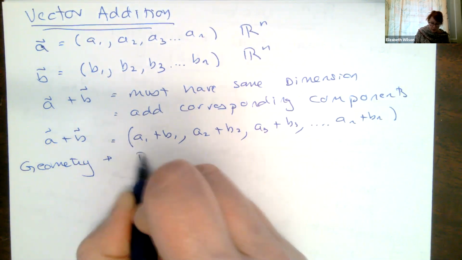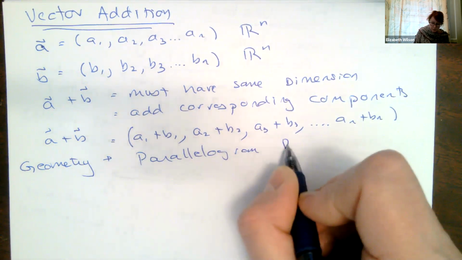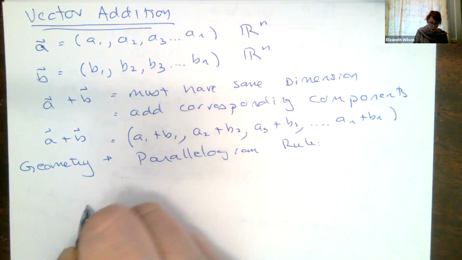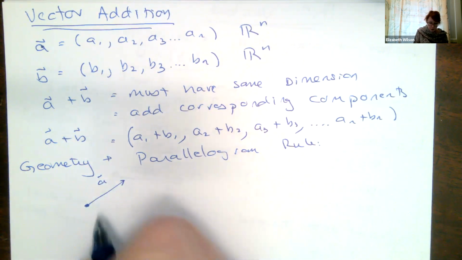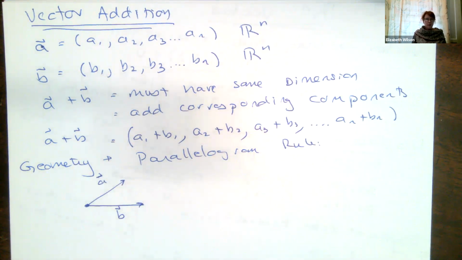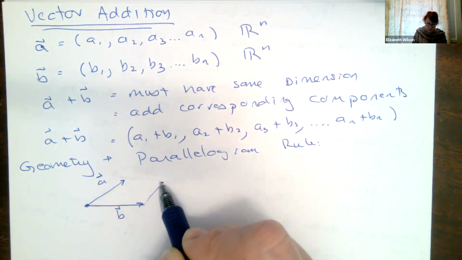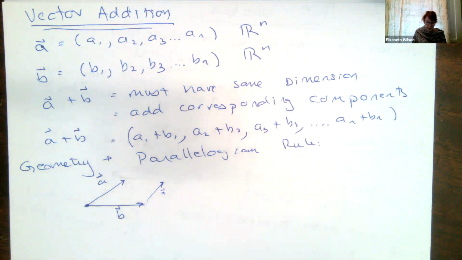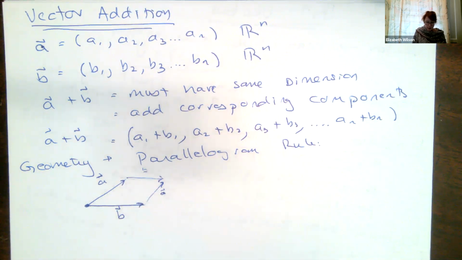There's a thing called the parallelogram rule. If I've got the initial point of A lined up with the initial point of B, these form a parallelogram, because you can imagine I've got a parallel version. This is another version of A right there, and I've got another version of B right here that lines up with it.